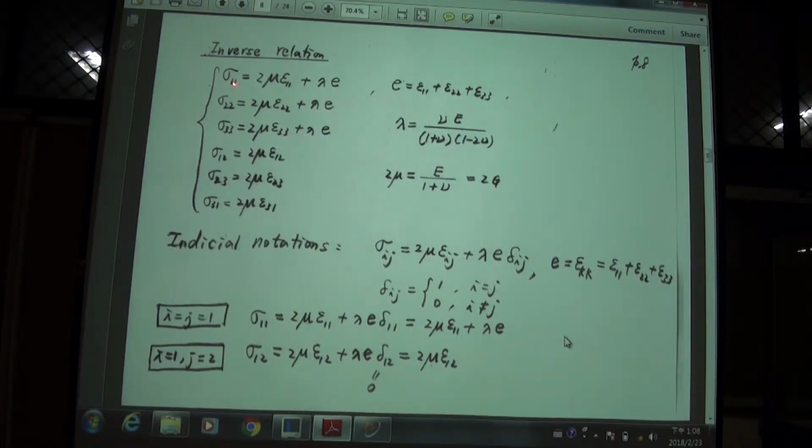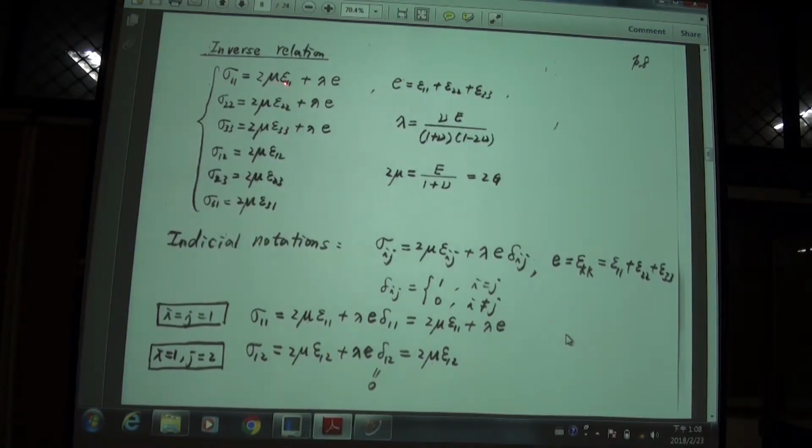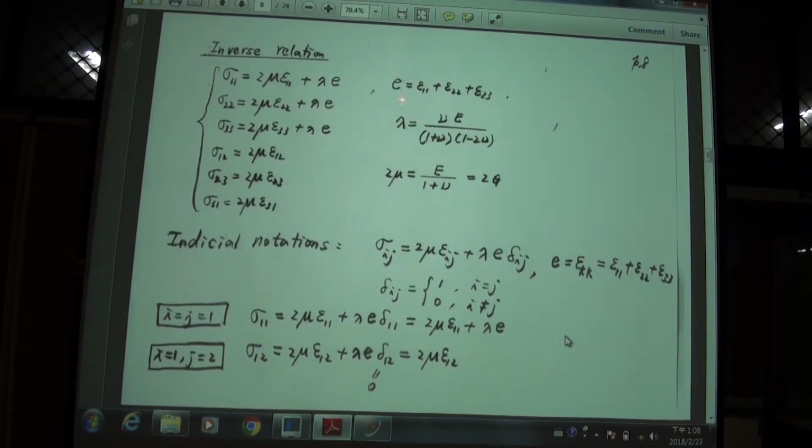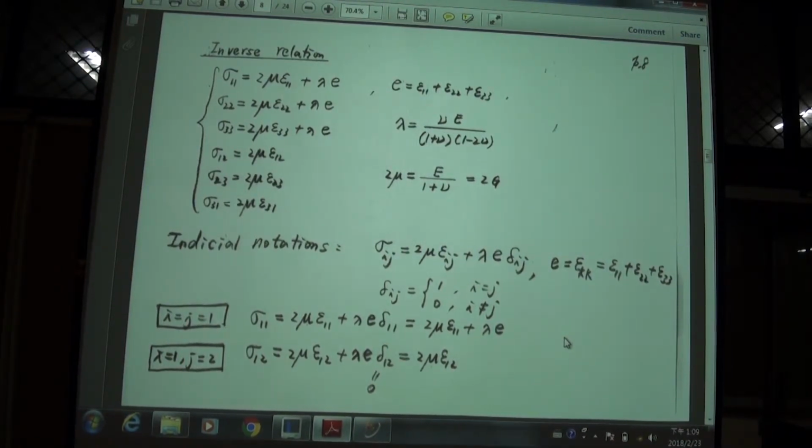Sigma 11 equals 2 mu times epsilon 11 plus lambda little e, where little e equals epsilon 11 plus epsilon 22 plus epsilon 33. Little e has the physical meaning of the volume change. You can look at the textbook or the internet, and then you can get the volume change expression like this.